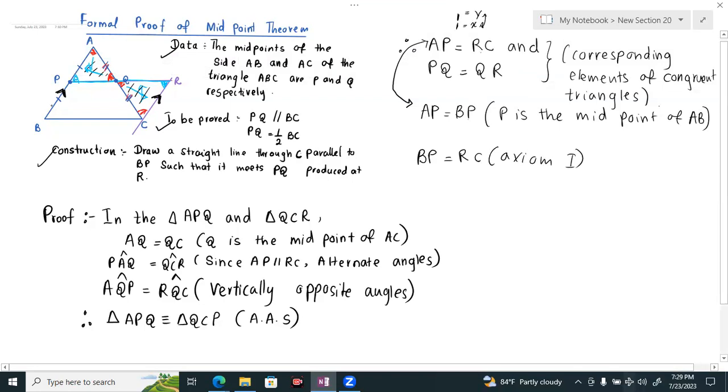Now here what I did, two sides equal in this quadrilateral. මෙන්න මේ quadrilateral එකේ හොඳට බලන්න RC and BP equal.